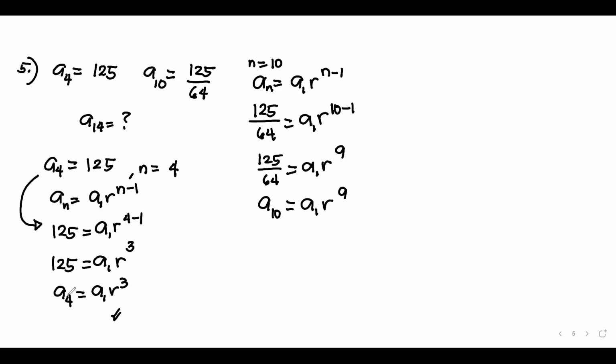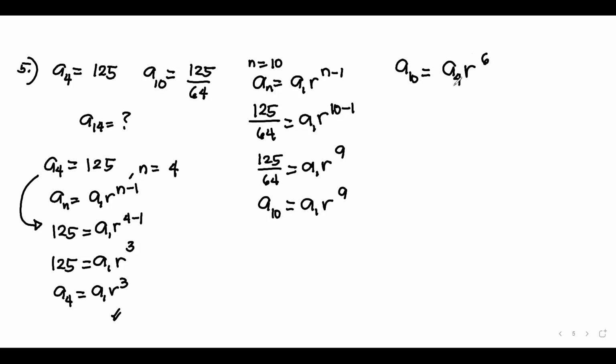Here, 1 plus 3, the answer is 4, which is the fourth term. So we can say that the 10th term is also equal to the fourth term times r raised to 6, because 6 plus 4, the answer is 10.